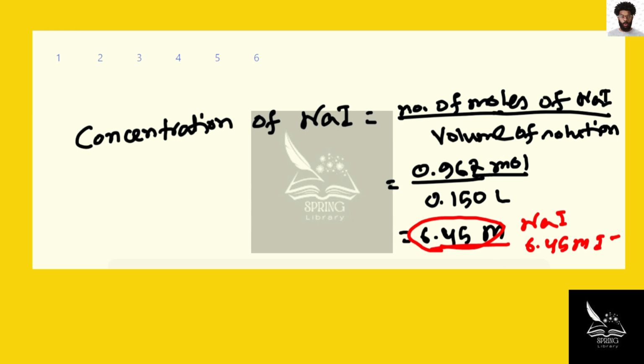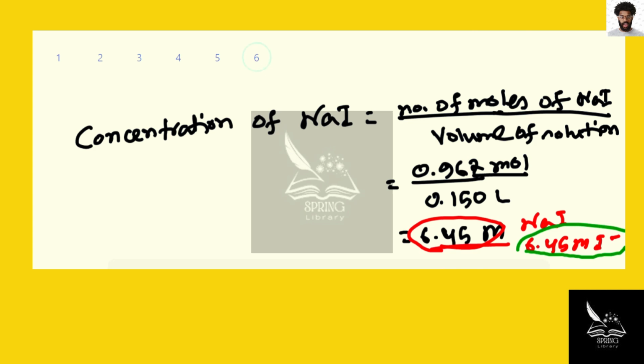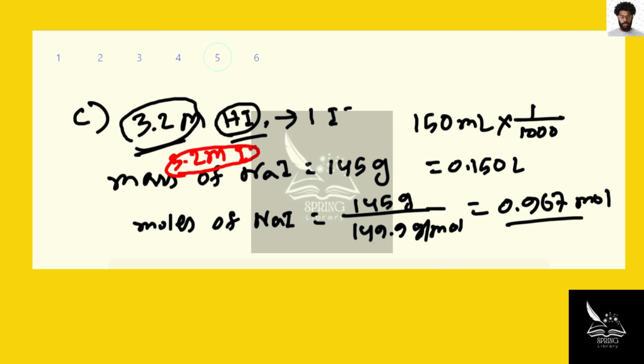That means we can see that 6.45 is a greater number than 3.2. That means in this case, the sodium iodide will give us higher concentration of iodide than the HI.